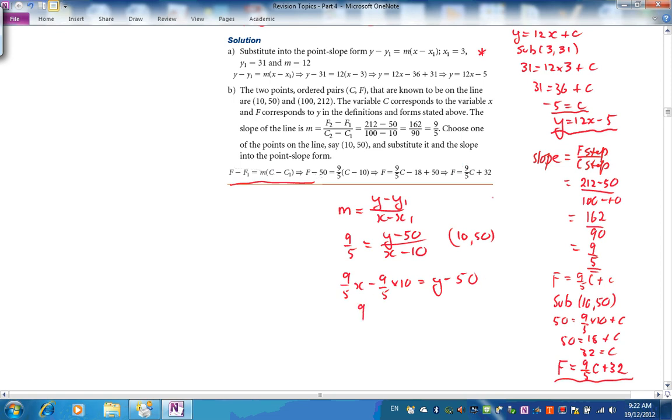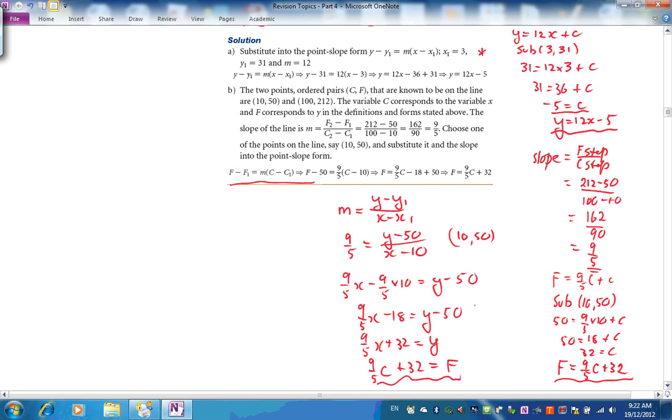Not there, it shouldn't be there, this is x, but we'll go back in a minute and have a look. 9 over 5x take 18 equals y take 50, and then 9 over 5x take 18 plus 50 equals y, so y equals 9 over 5x plus 32, and then change it back perhaps to F and C, because we have a contextual problem here with C's and F's. So you could do it that way.